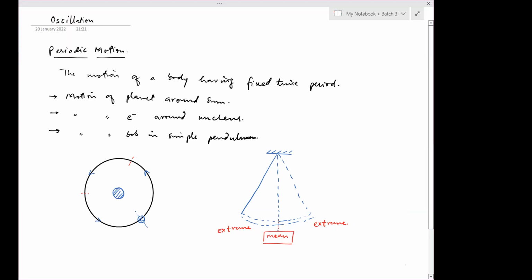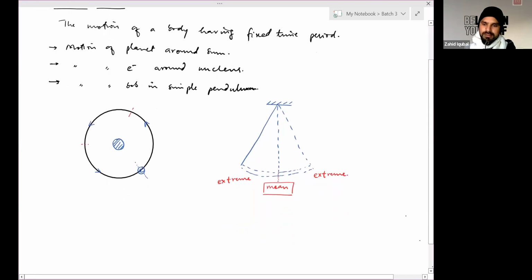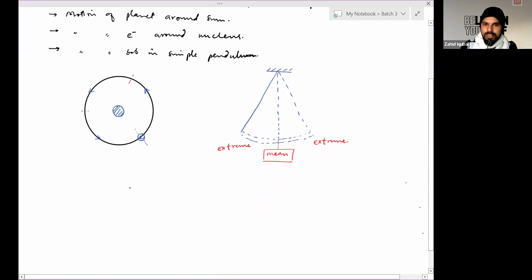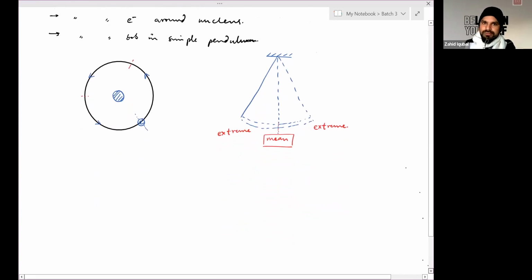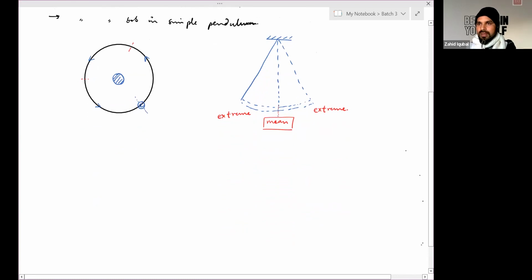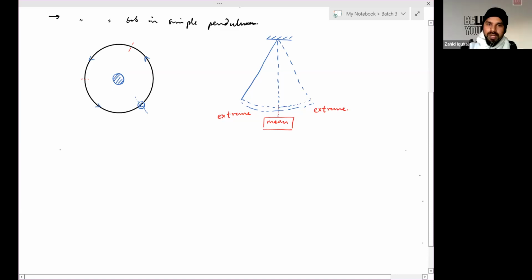So from this we can say a periodic motion in which a body moves to and fro or up and down about a given fixed point called the mean position is called simple harmonic motion.